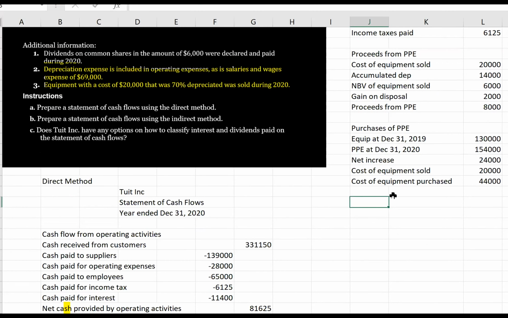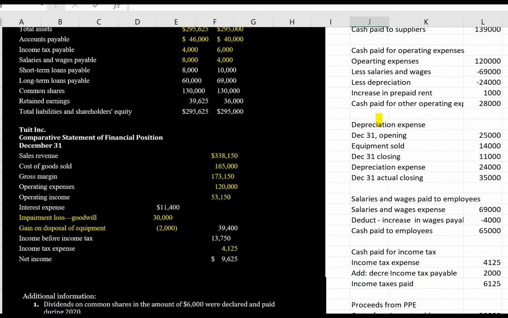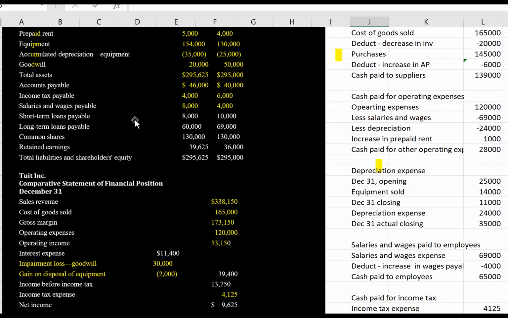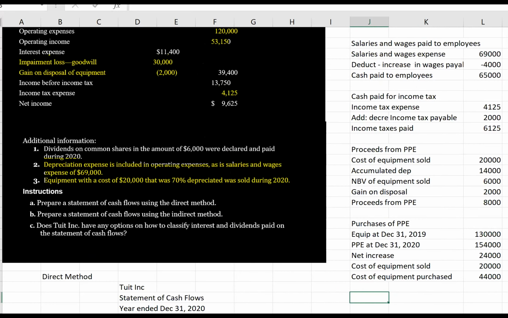Let's say, what were our principal payments on short-term loans? We haven't been given any information on the loans themselves, so let's see the changes in the statement of financial position. We had 10,000, now we have 8,000. So we must have paid back 2,000 of short-term loans payable.